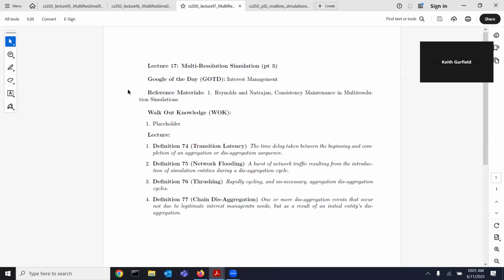So I disaggregate this one, and the way I disaggregate it, I happen to bump into this one's zone of control, so now I have to disaggregate this one too. It's called chain disaggregation. It's a chain reaction. The act of disaggregating one could put one of your local entities in this area of interest of the next one over.